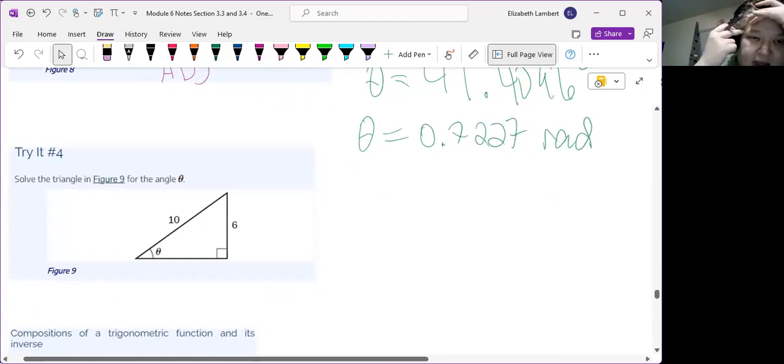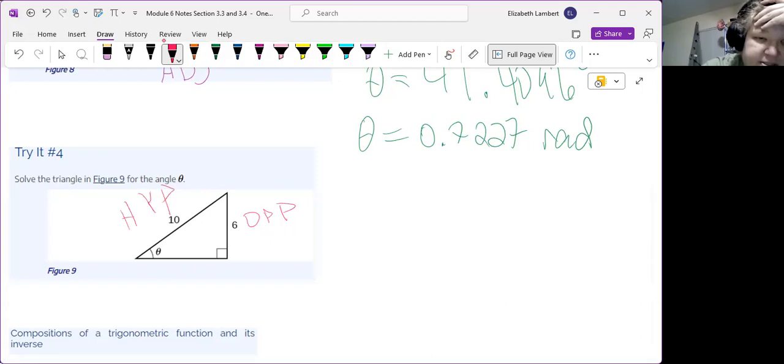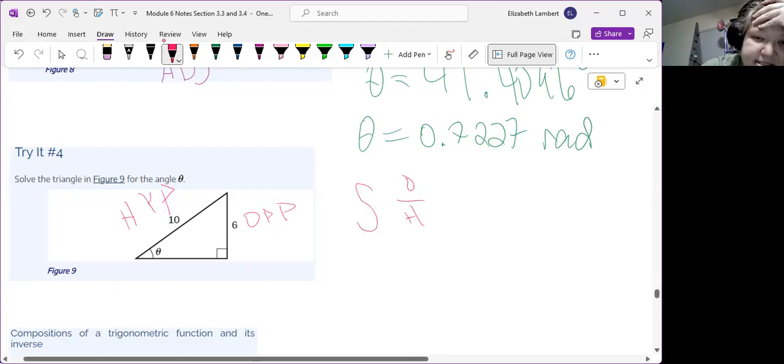All right, in figure 9, solve the triangle for the angle theta. All right, so now we have the side opposite and the hypotenuse. So OOH is our sine. So the sine of theta is 6 over 10.